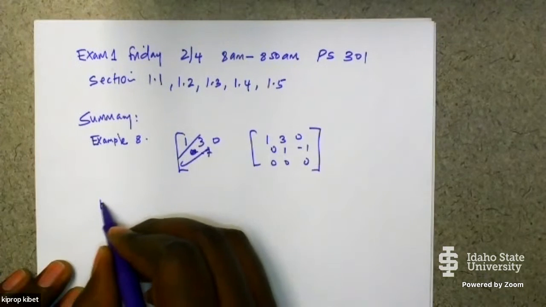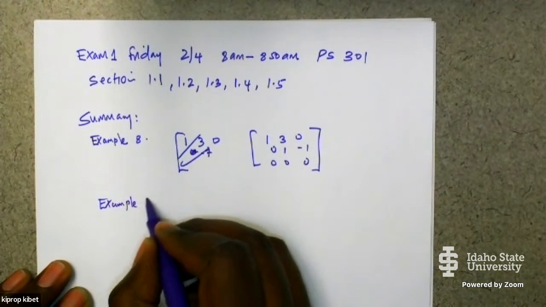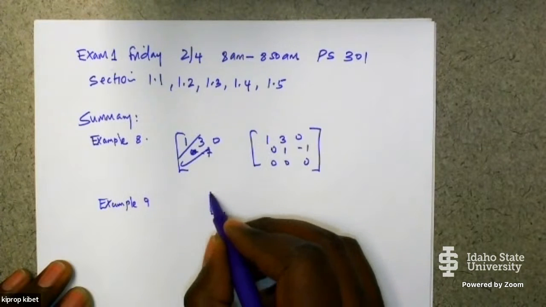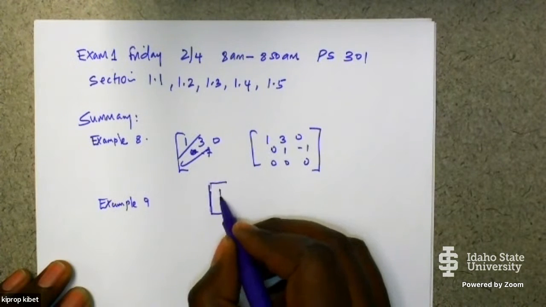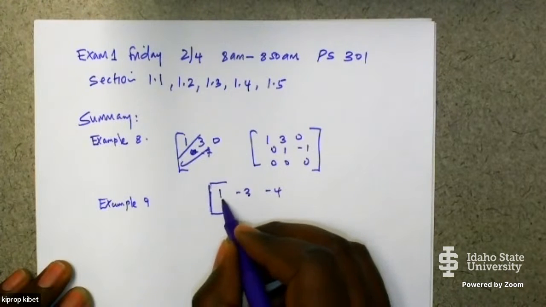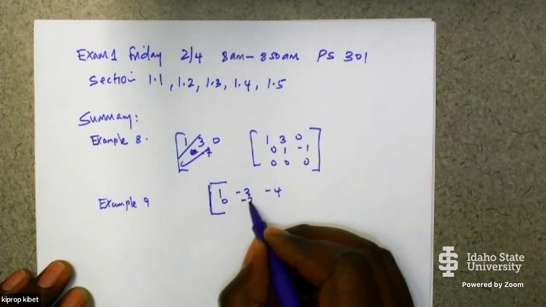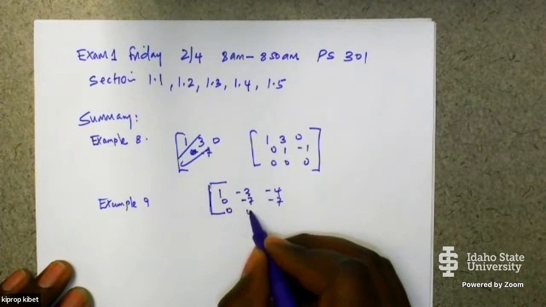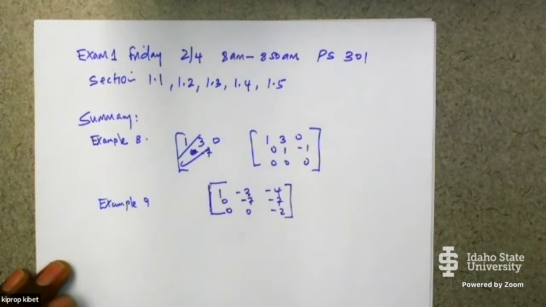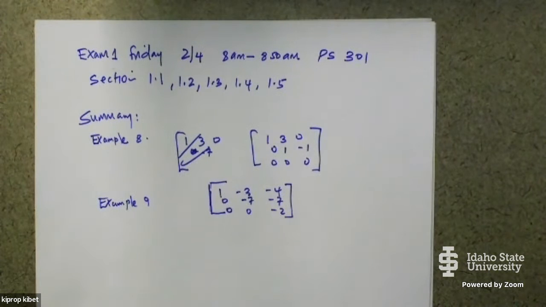In example number 9, what we got is the matrix of the form 1, negative 3, negative 4, 0, negative 7, negative 7, and then 0, 0, negative 2. So that is what we found. Example number 8 is not spanning, and this one is spanning.